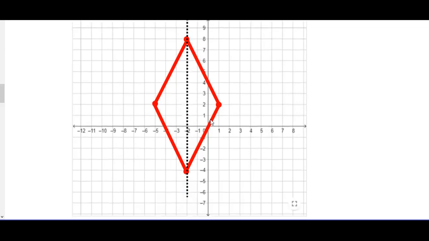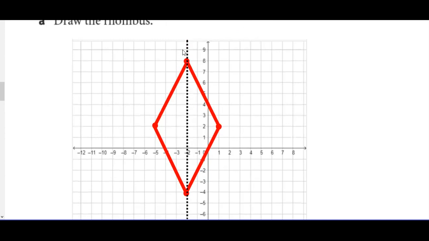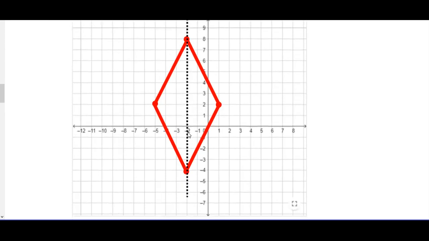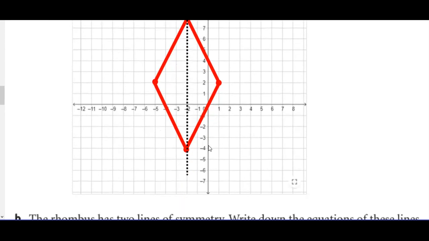And you can see that this dotted line which I've drawn is going through one single number, and that is -2. But this -2 belongs to the x-axis. So I'm going to write the equation, which is x equals -2. That is the equation of the line.